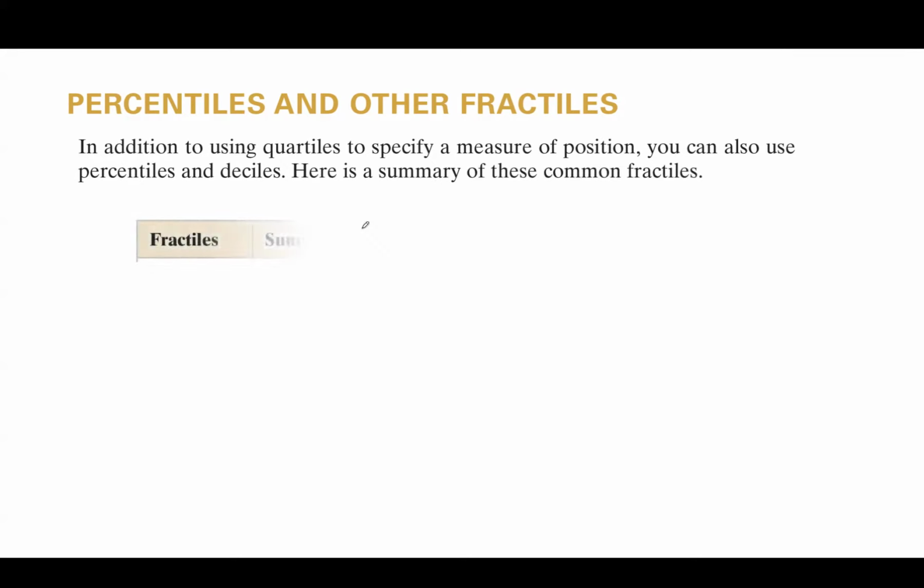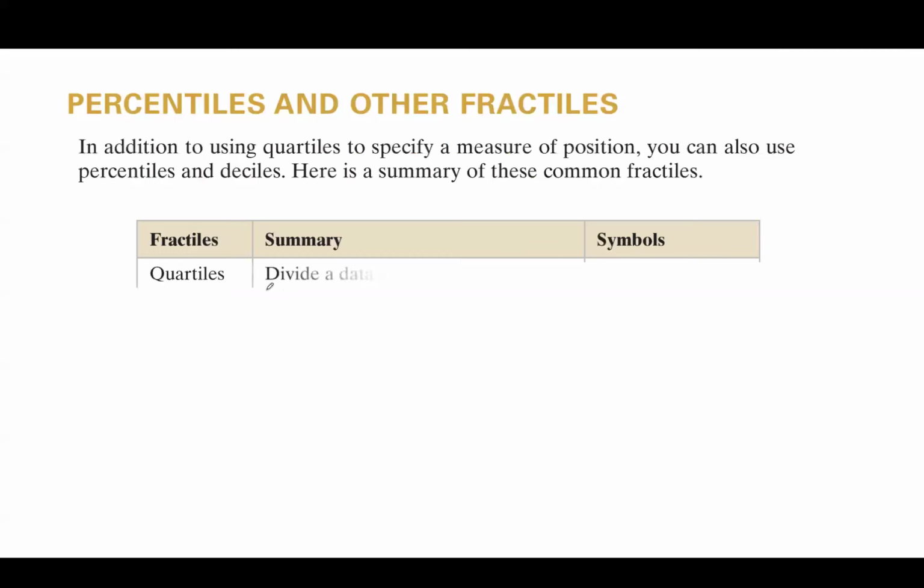In this table, we have the fractiles, a summary of what they do, and the symbols representing them. For example, quartiles divide a data set into four equal parts, and we denote them by Q1, Q2, and Q3.